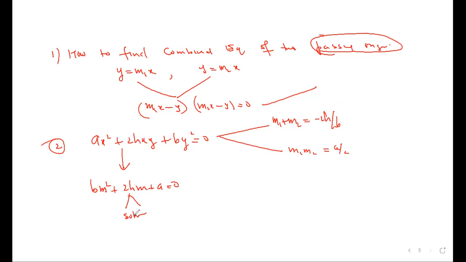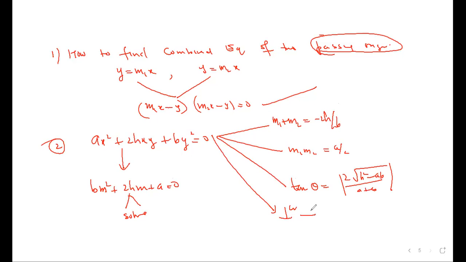You will get the exact slopes. If you want to find the angle between them, okay. If you want to check they are perpendicular, just check whether the sum of these two is 0 or not: a plus b is 0 or not.